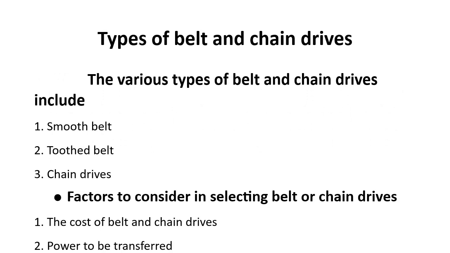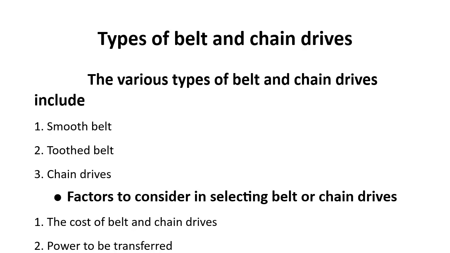The next thing we are going to consider in this topic is the types of belt and chain drive. There are three. The various types of belt and chain drives include: 1. Smooth belt, 2. Toothed belts, 3. Chain belts. We see that numbers 1 and 2 are both belts, but number 2 is made up of teeth, and that is why we call it a toothed belt.